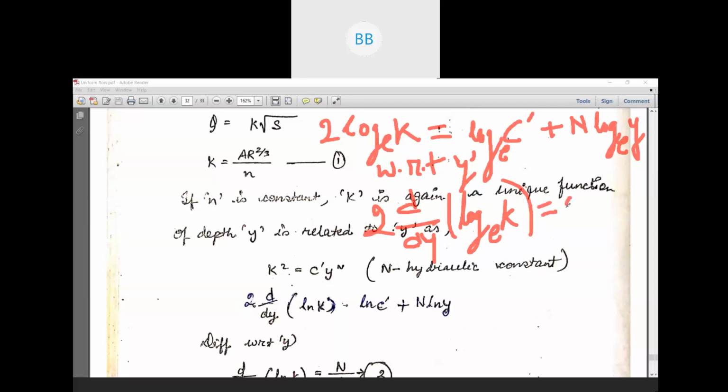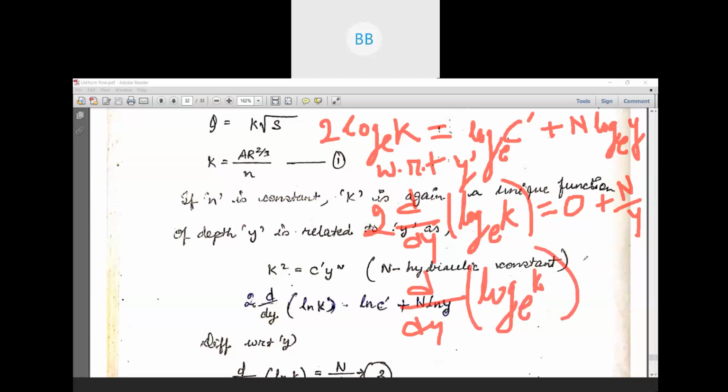Then differentiating the constant gives 0. Then it will be n by y. So again you can write d by dy of log e K is equal to n by twice y. This is our equation number 2.